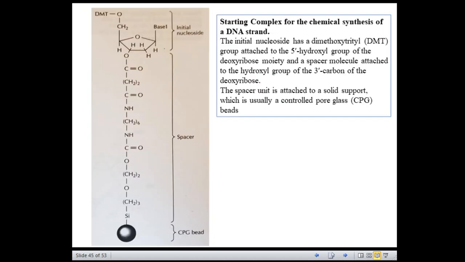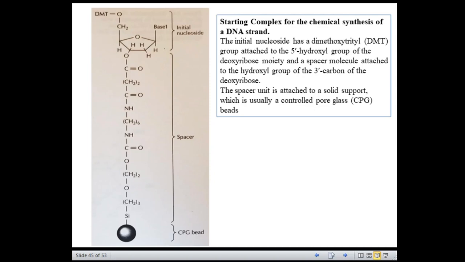The initial nucleoside, that is base and sugar, is attached to an inert solid support. As I said, it is called CPG, controlled pore glass beads. These glass beads are beads with uniform sized pores.